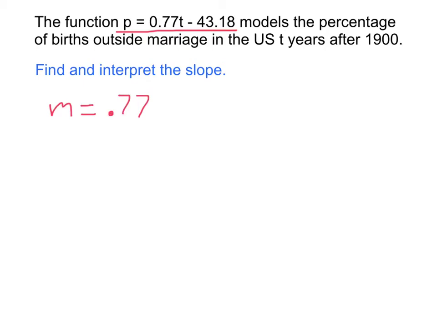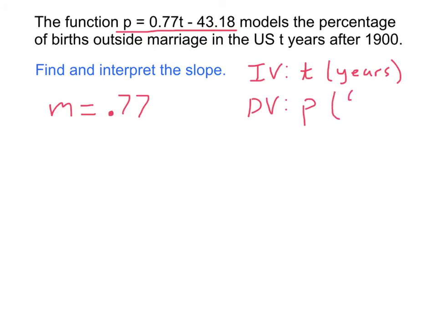Now what about the units on this slope? Now the independent variable is t, and that's measured in years. It's actually years after 1900, but it's in years. And the dependent variable, I'm abbreviating that dv, is p, and that's measuring the percentage.